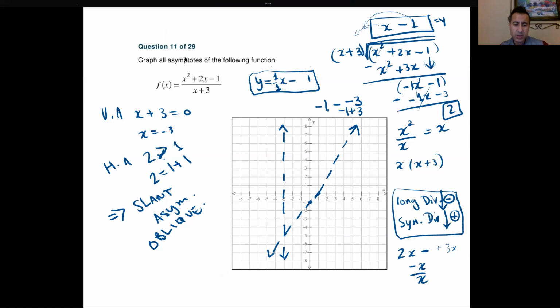So you'll use x as -4 in the function, you use -5 in the function until you start seeing how it looks. Then in between, you have 0, -1, -2 to use, and on this side, 2, 3, and 4. So you start using points until you see how it looks. And of course, once you see how it looks, then you will just use how it's approaching the asymptotes.